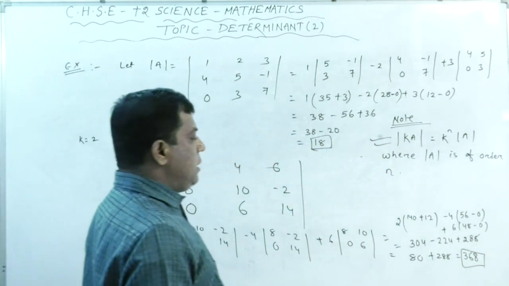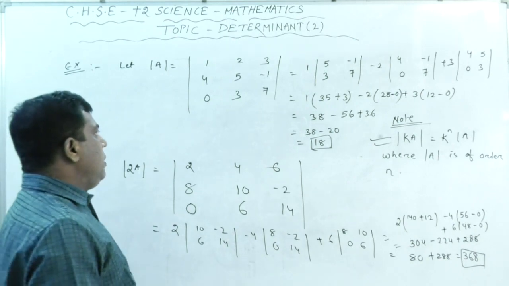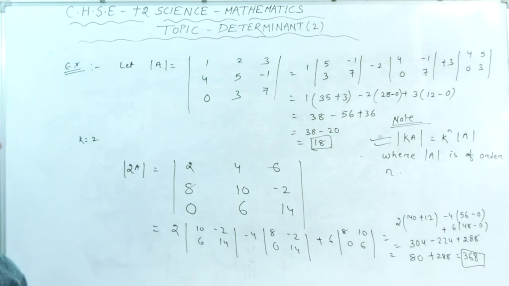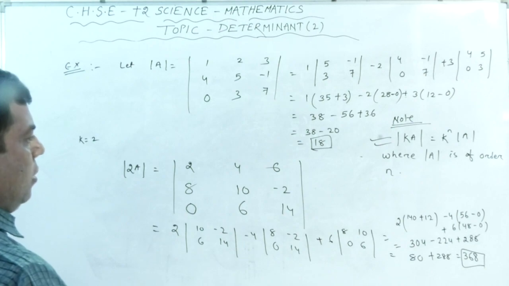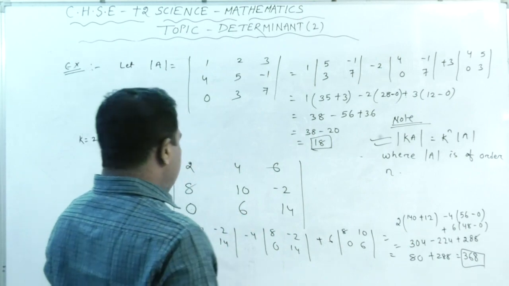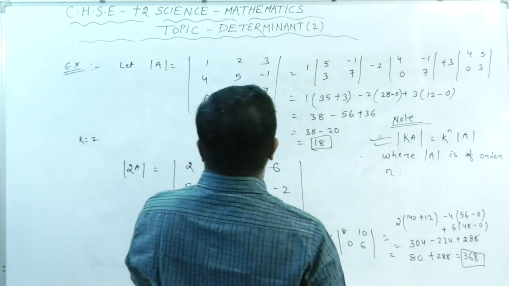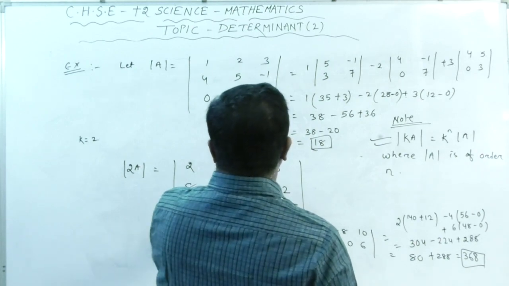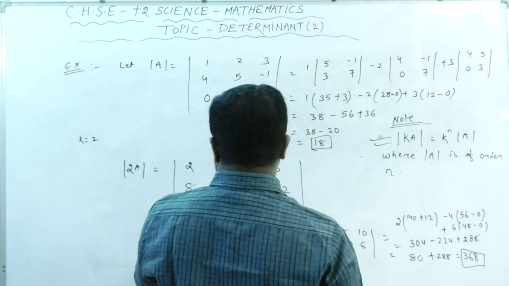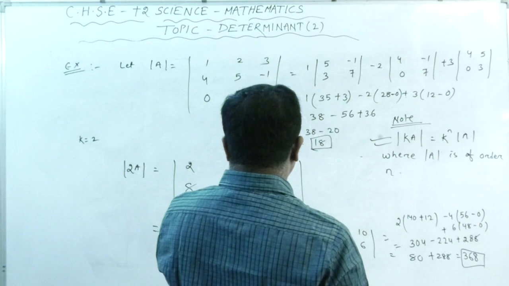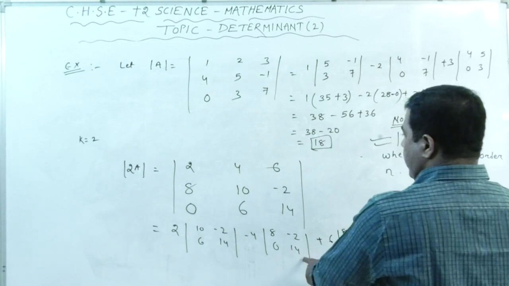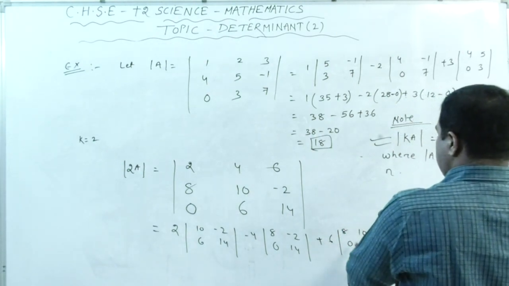We will check whether both are the same or not. Now it says the determinant with k is 2. Something is wrong here, so let us check the determinant value again. It is 8, 10, minus 2 and 0, 6, 14. We will evaluate it again. 10, minus 2, 6, 14, and minus 4, 8, minus 2, 0, 14. Then 6 times 8, 10, 0, 6.